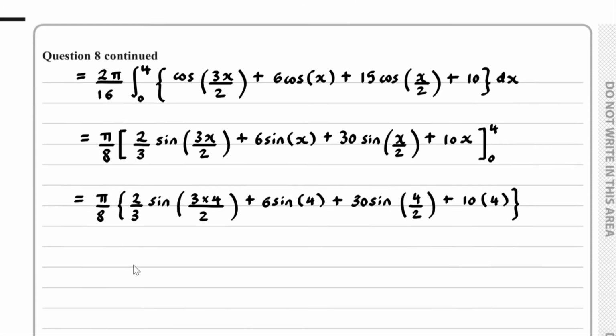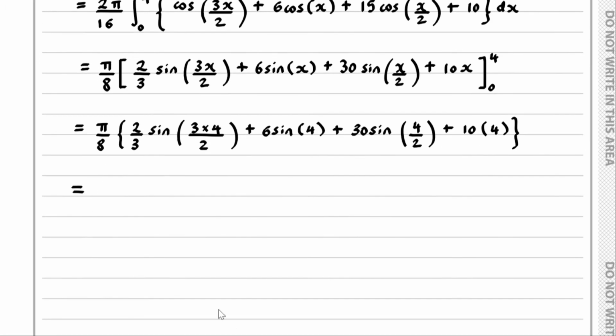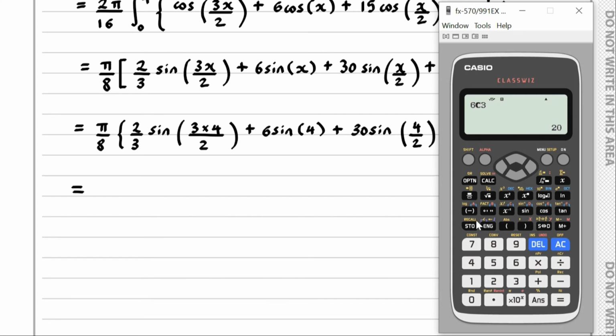So I need to evaluate what this is. So I've got 2 over 3 times the sine of, well, here I've got 12 over 2, which is 6. Then I've got 6 sine 4 plus 30 sine 2.